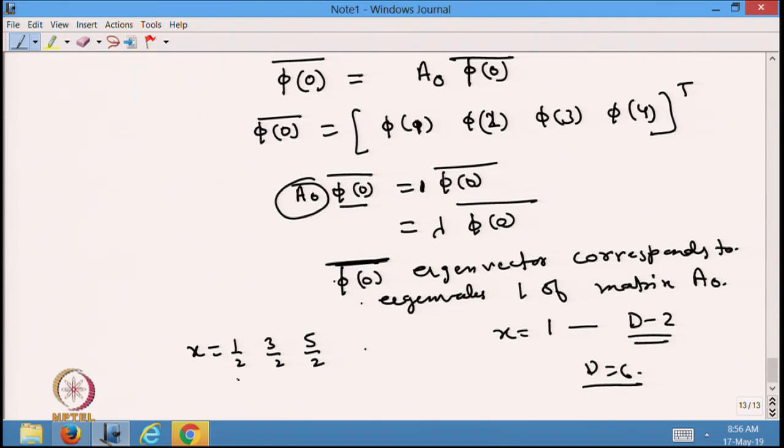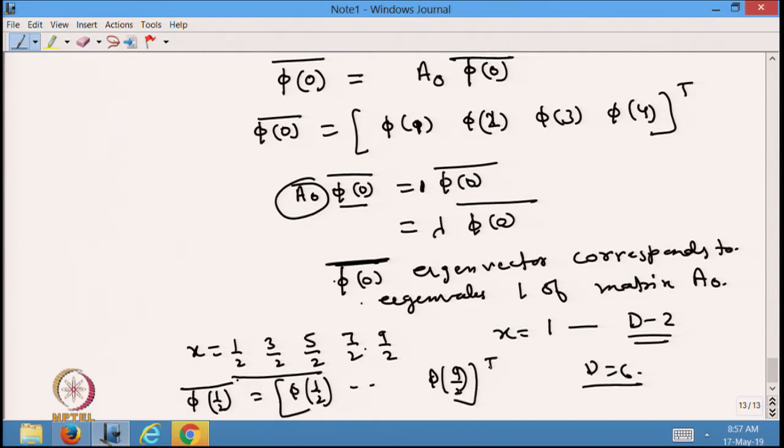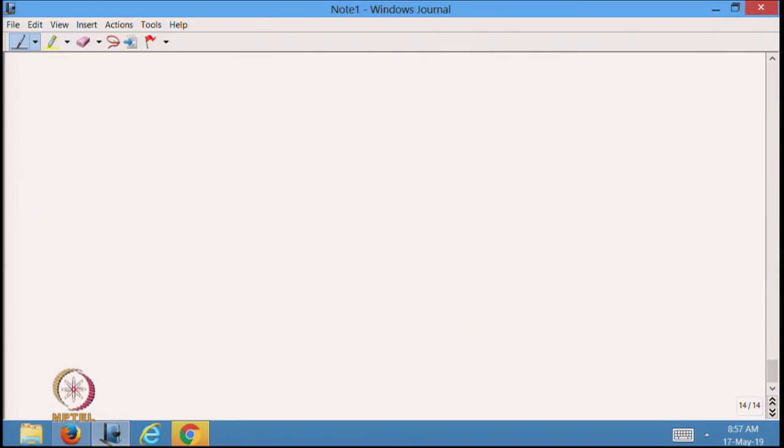So we are putting these values, then we can compute the value of phi at these grids: phi of 1/2, 3/2, 5/2, 7/2, 9/2. Then you could denote this as this vector, and this whole thing will become this matrix.